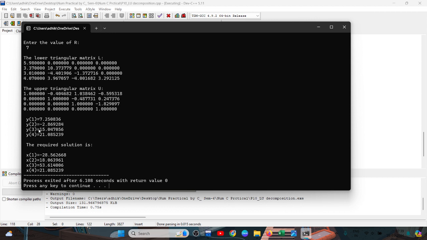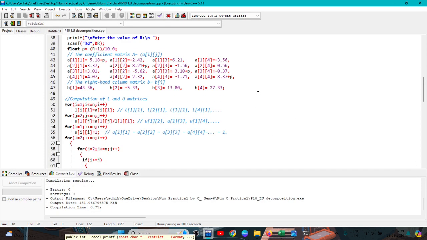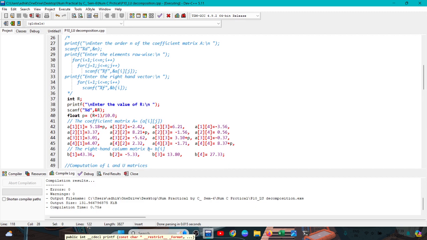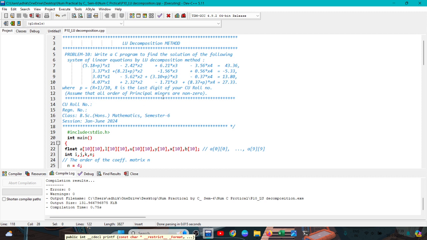Then y1, y2, y3 are these elements, and the required solutions are x1, x2, minus 28.56, and x4. You can easily check this by substituting these values x1, x2, x3, x4 in the given equation, the 4 by 4 system.